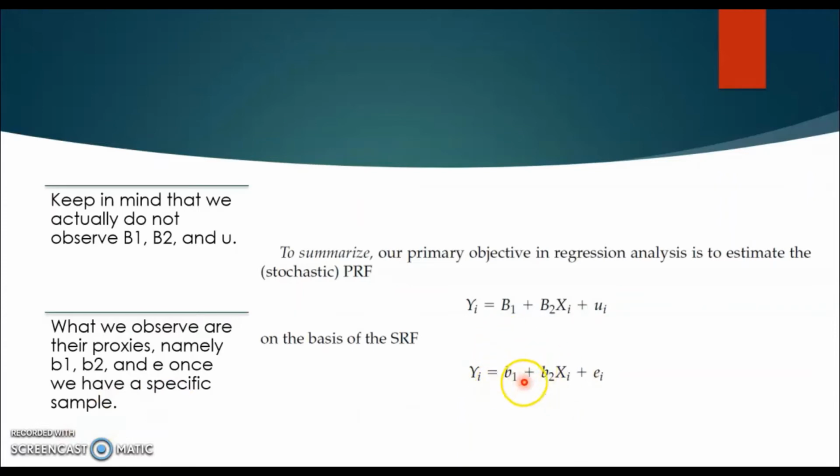Similarly, we can consider B1 and B2 as the coefficient values, and these coefficients are proxies to the parameter values of beta 1 and beta 2 in the population regression function.